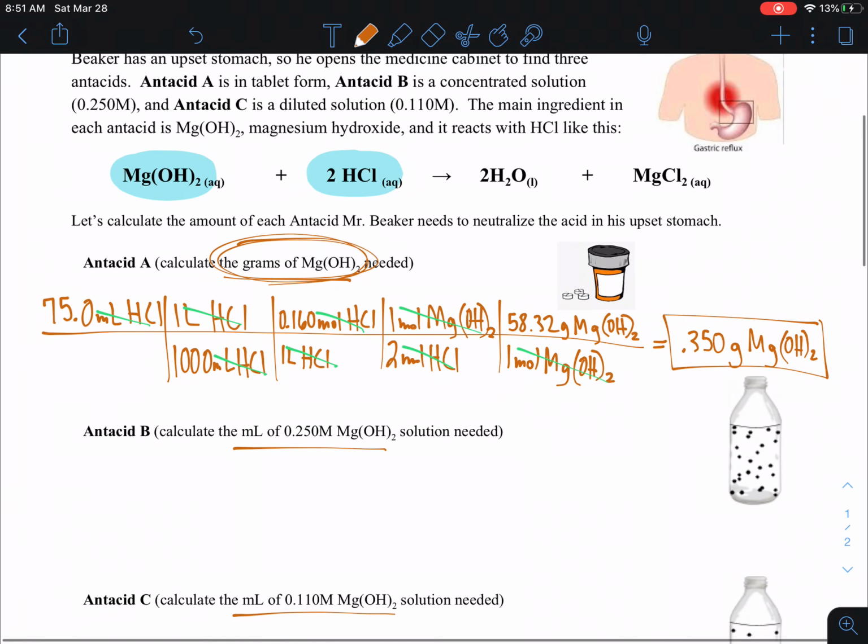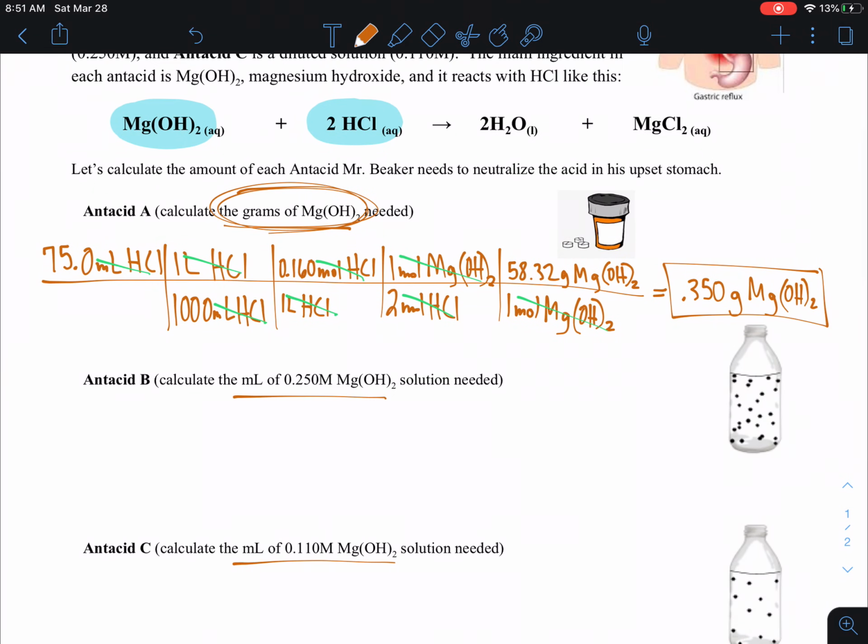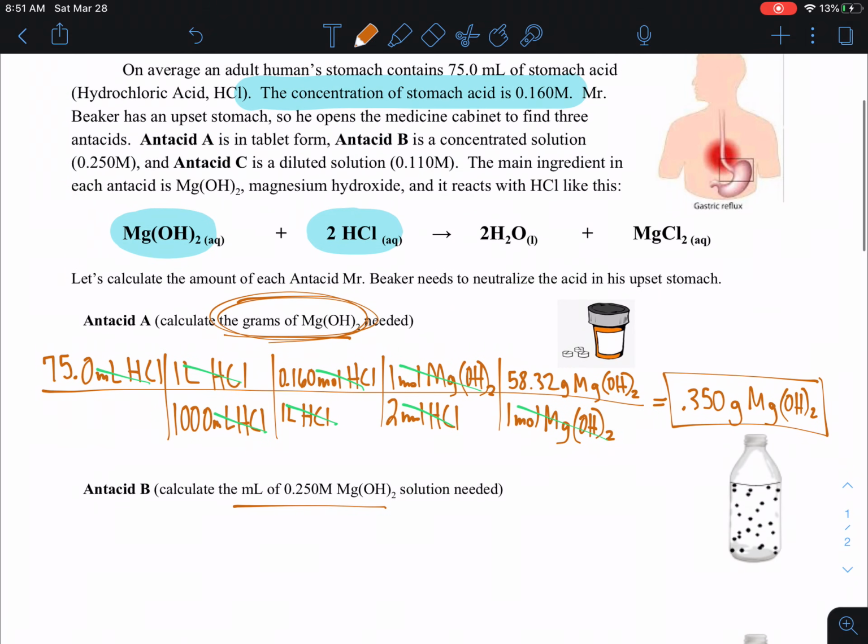And there we go. So that's our first answer. This is how much Mr. Beaker would need to neutralize all the acid in his stomach. He would have to make sure he took that many grams of magnesium hydroxide.